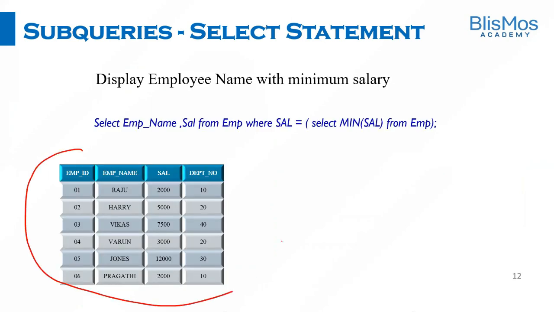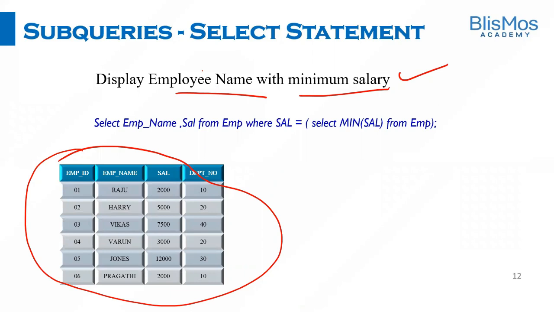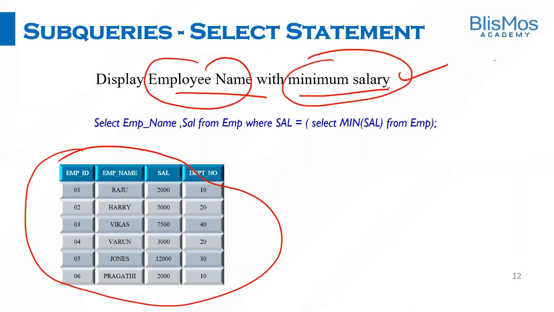Let us see how do we use the subqueries as a part of the select statement? Very, very simple. Let us say as a part of this particular table, you want to display the employee name with the minimum salary. If you were to display only the minimum salary, there is no requirement of the subquery. But here the requirement is along with the minimum salary of this particular table, you got to display the employee name as well.